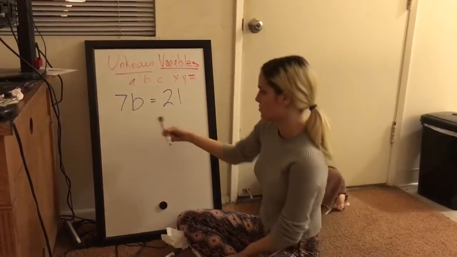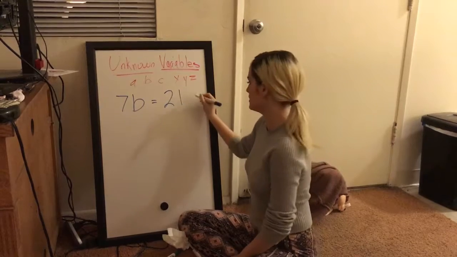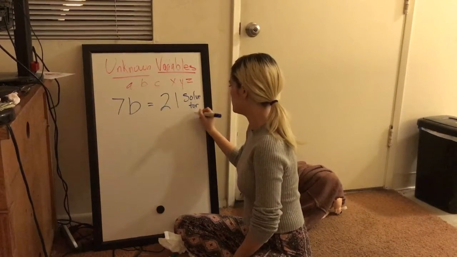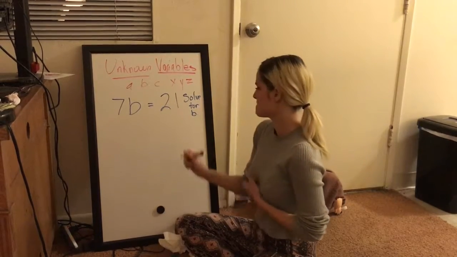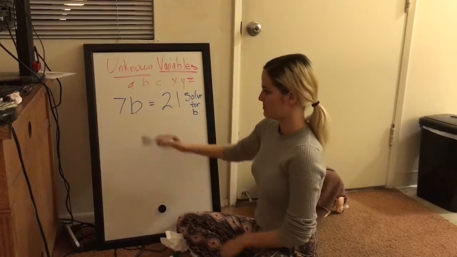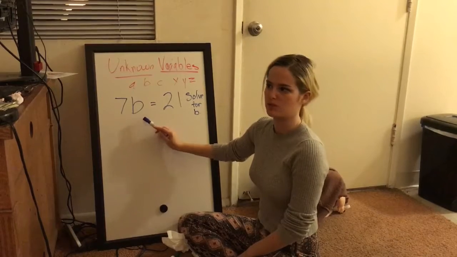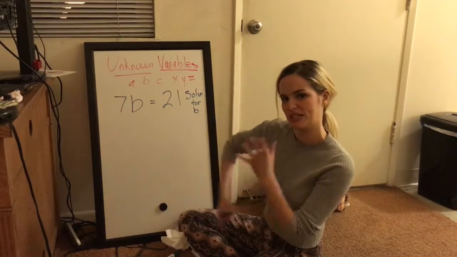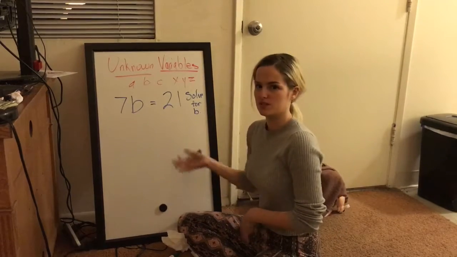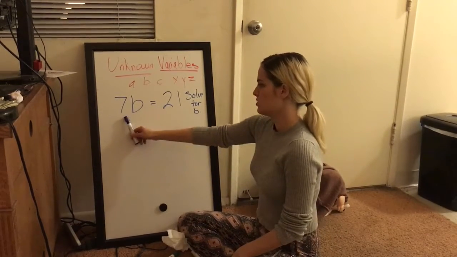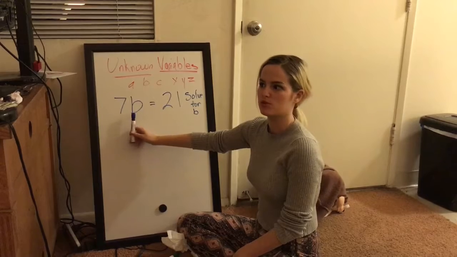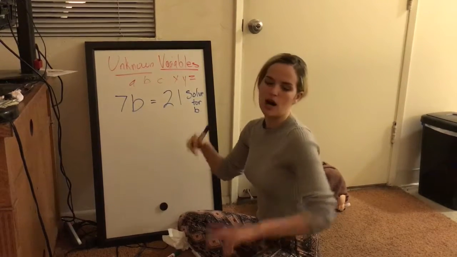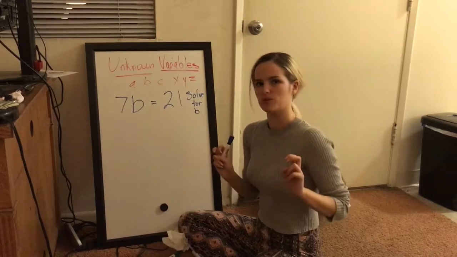All right. So once again, we have to get b by itself. Let's say solve for b. So remember the last problem we subtracted when there was a positive number, because positive is like addition and negative is subtraction. So what do we do here for multiplying? What would the opposite be, quote unquote?